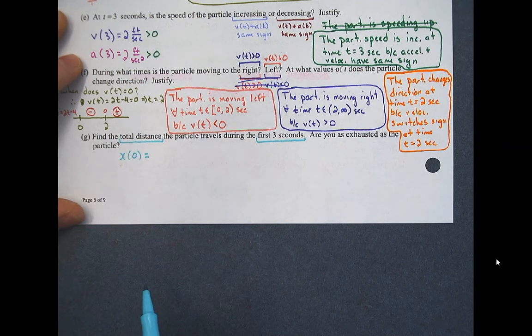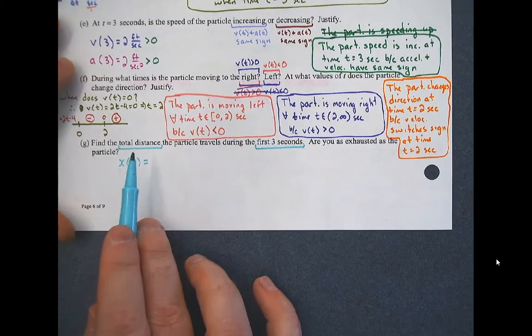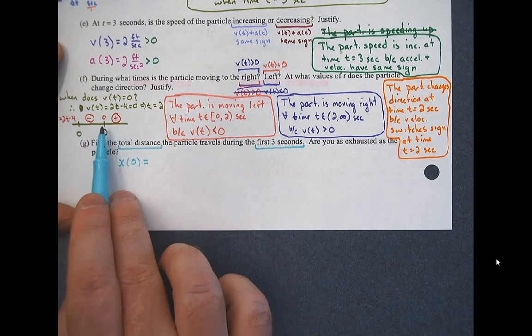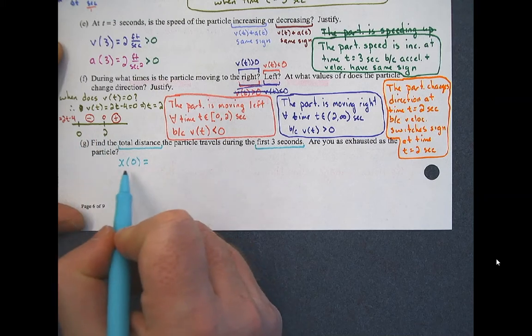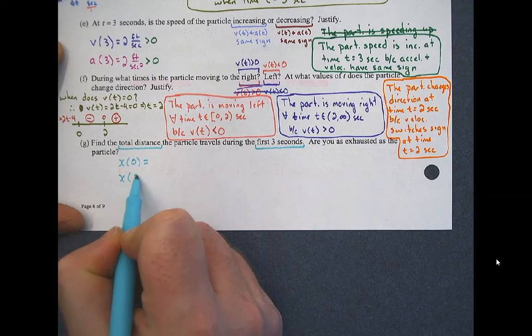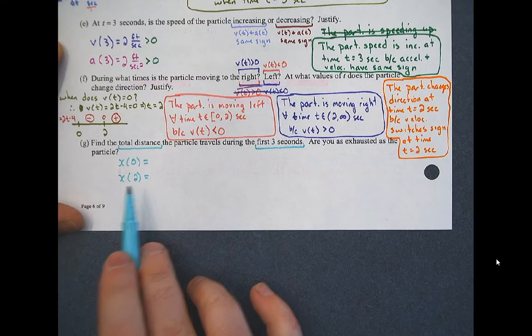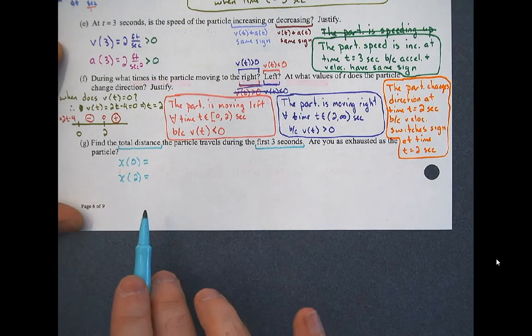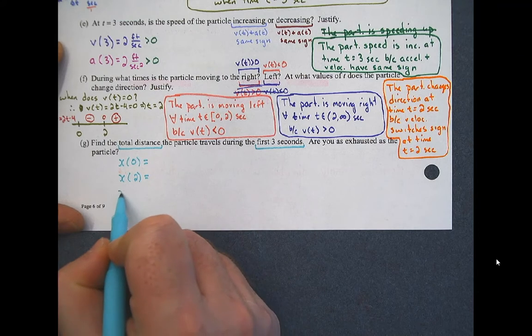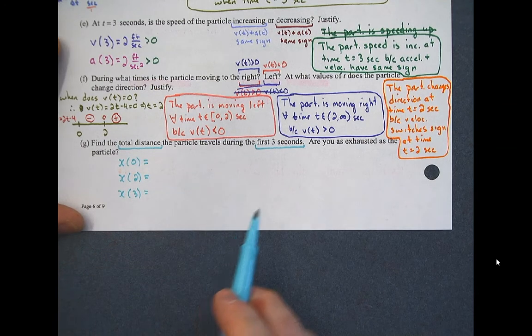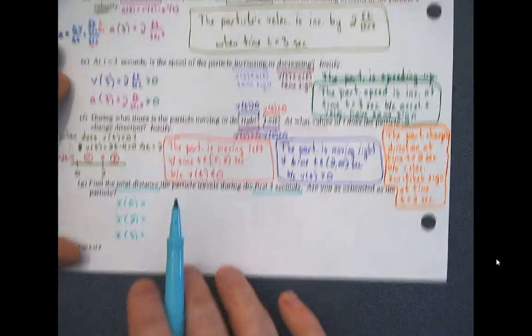Did our particle ever stop and change directions? Yes, our particle stopped at 2. So I need to figure out what's its position at time 2 seconds. Does it ever stop again? No, so that means it never changes direction again, so it just keeps traveling until 3 seconds. Now I think we already calculated all of these, so let's just go up above.